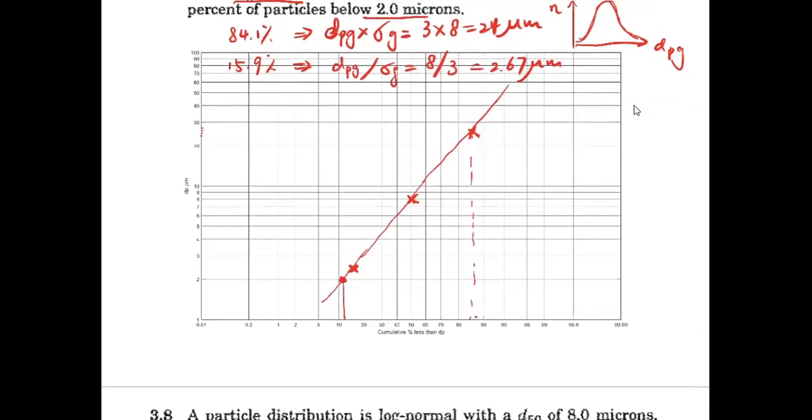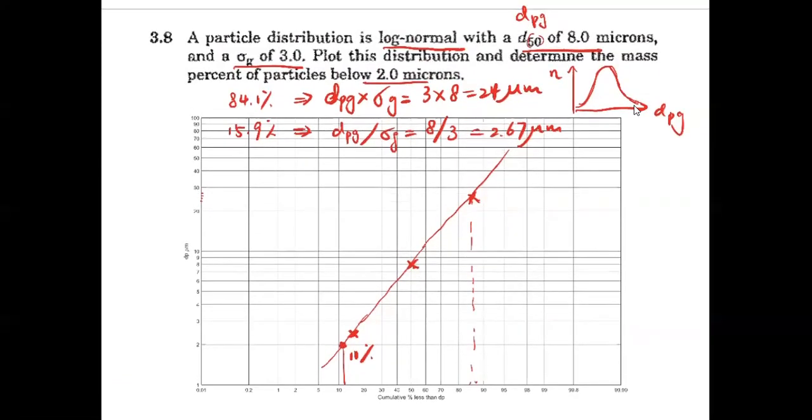And this is maybe around 11%. Okay. So instead of using this entire log normal shape here, which is really not accurate, we can just use the semi-log plot to deal with this problem. Okay. Any questions on this?